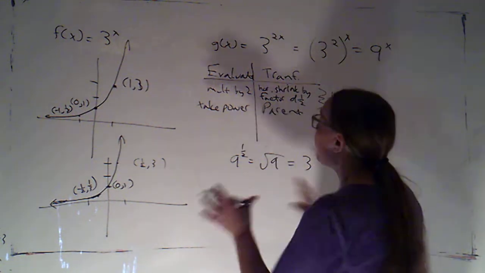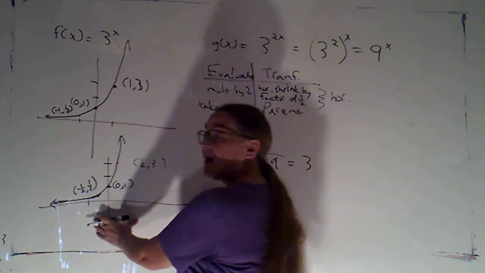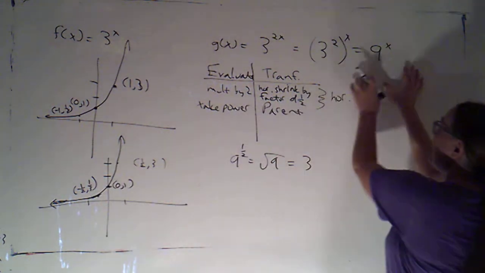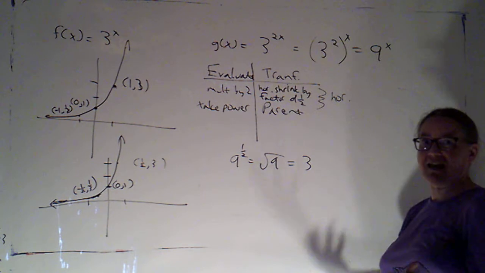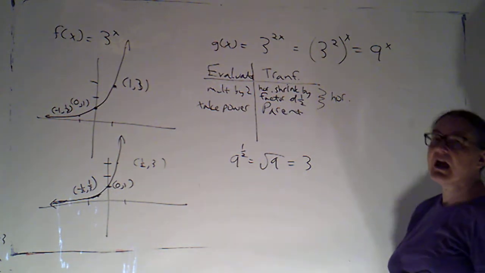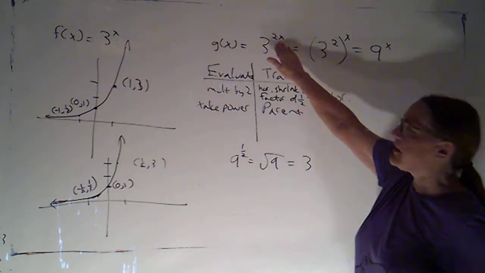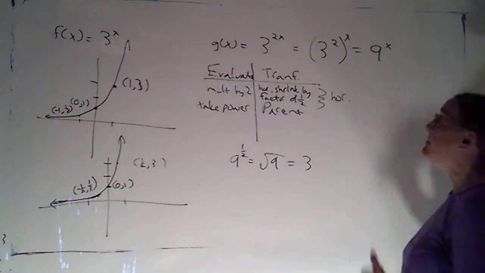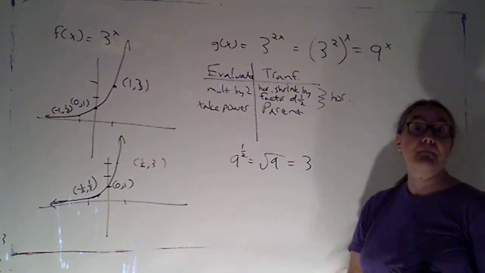So if I view it as a transformation of the graph with base 3, I'm going to be plotting different points than if I view it as just the parent exponential function with base 9. But we really don't need to concern ourselves with horizontal stretchings and shrinkings because those can be accomplished more simply by just using a different base.